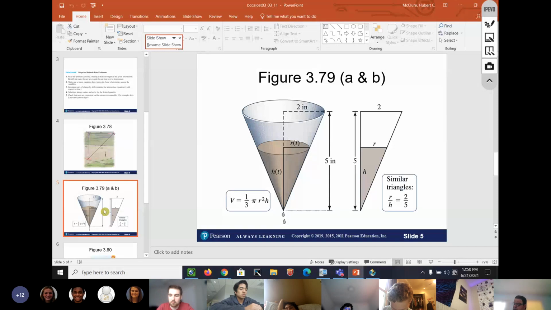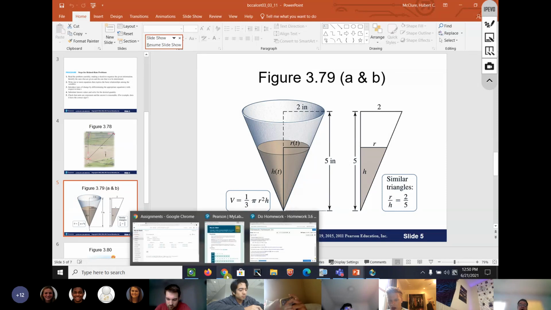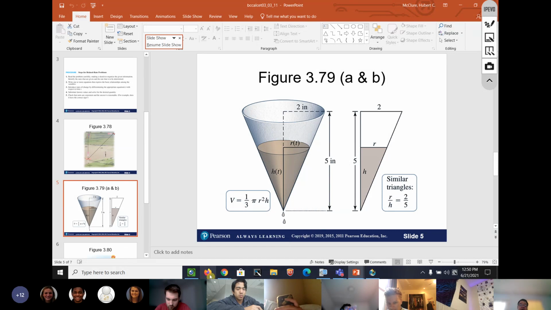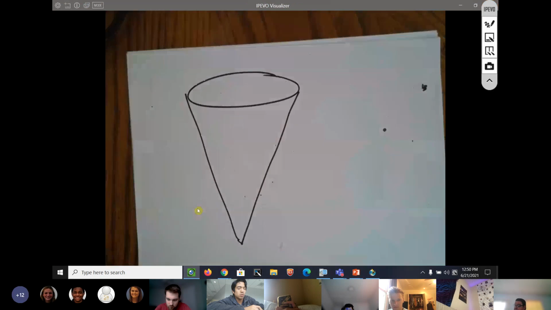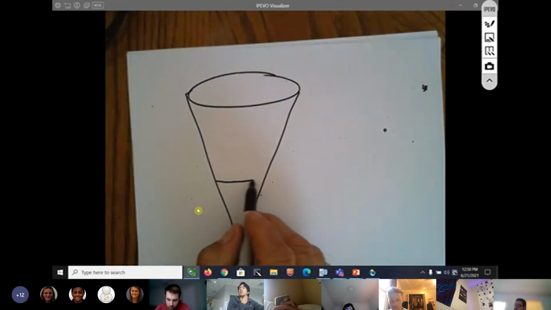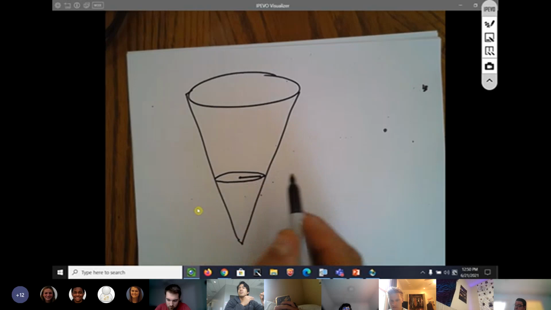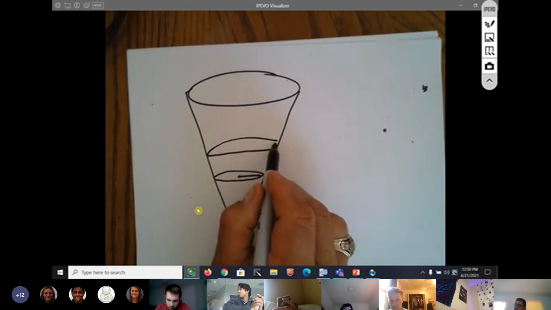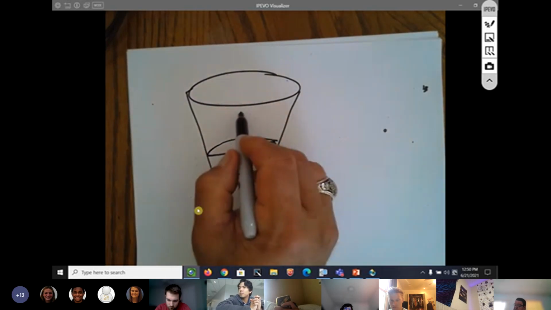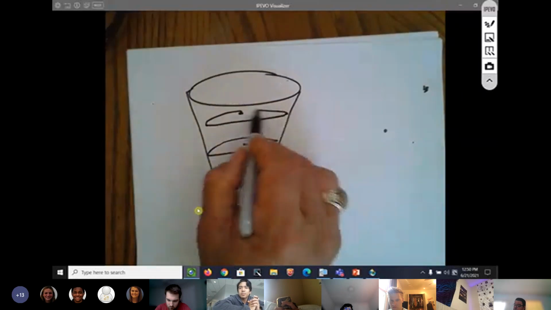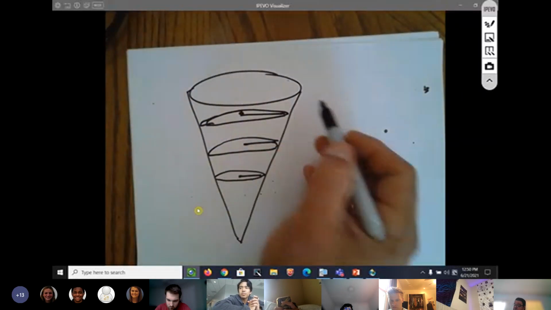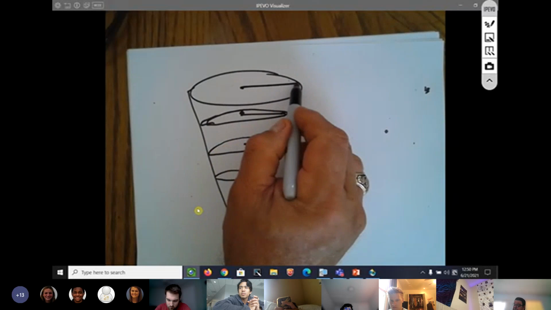If you have a cone tank, and you're filling it up, and it fills up here, and then it fills up here, and then it fills up here, and then it fills up to the tippy top.